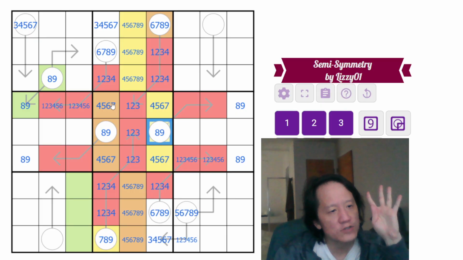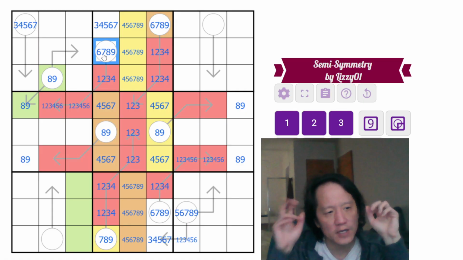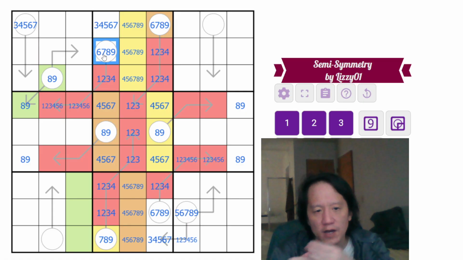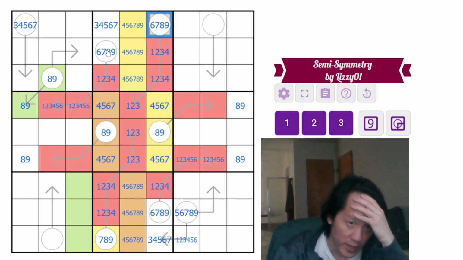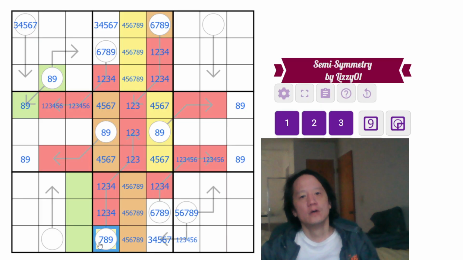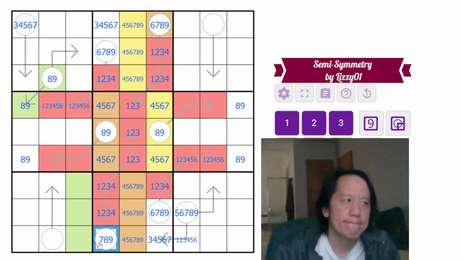We've already lost 4 degrees of freedom, we know the last degree of freedom is taken up by 6, 7, 8, and 9 in one of box 2 or box 8.